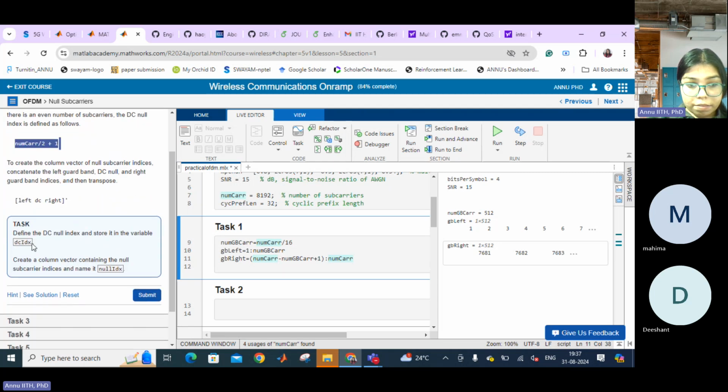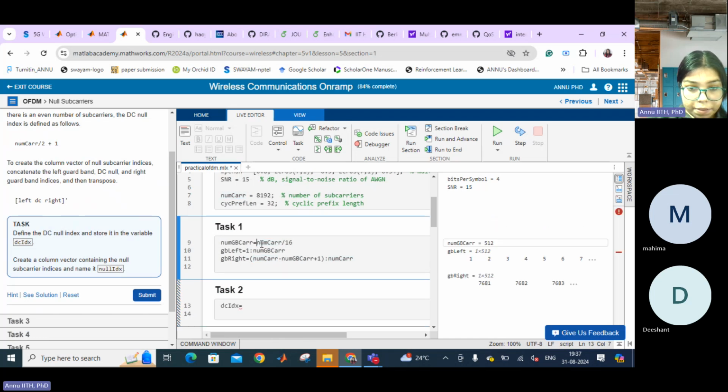So let's have some column vector. First, let's have this DC null one is equals to number of carrier plus 1 divided by 2, right?